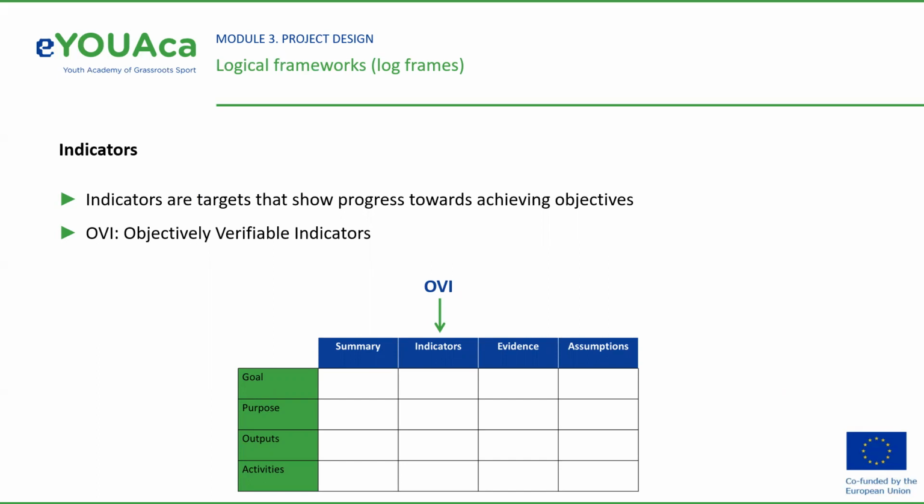They are formulated in response to the question, how would we know whether or not what has been planned is actually happening or happened? How do we verify success? Objectively verifiable indicators should be measurable in a consistent way and at an acceptable cost.